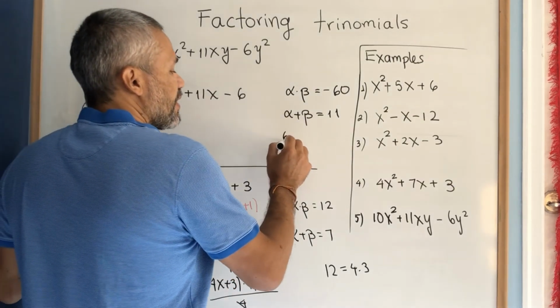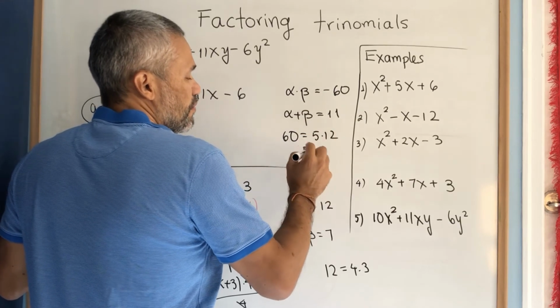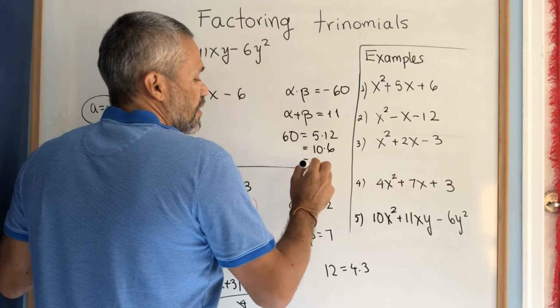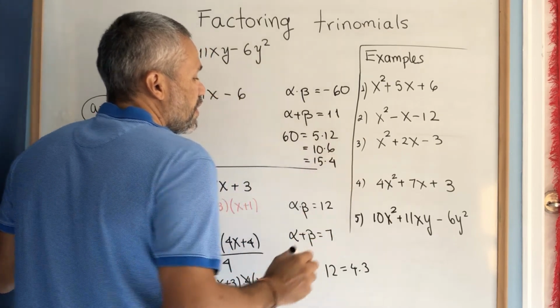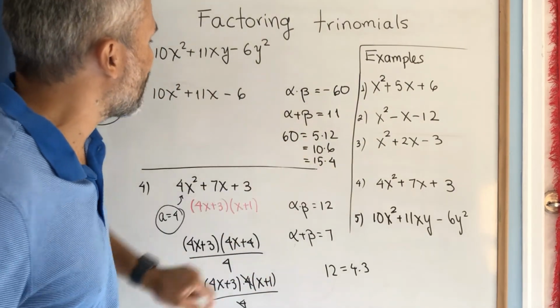Let's see how we can write 60. 60 can be written as 5 times 12, or it can be written as 10 times 6, or it can be written as 15 times 4. And since we want the difference to be 11, here is our choice.